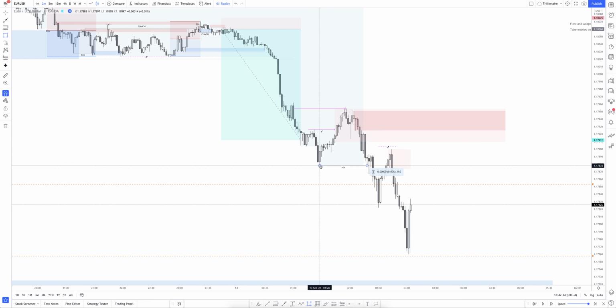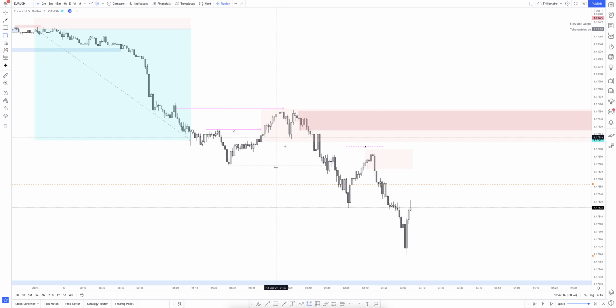So that could possibly be another point of interest, but I'm really playing off of that. We don't really have much of a reaction either, I would say. We react slightly and then price just pushes down. If you didn't get in here, I wouldn't even worry about that. But we do have a failed demand here.